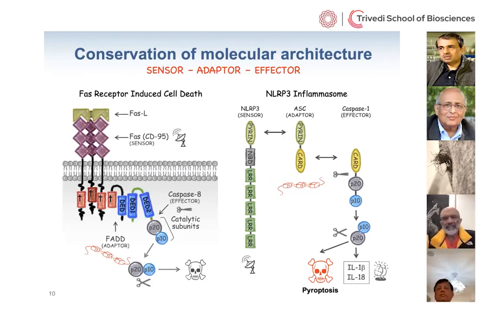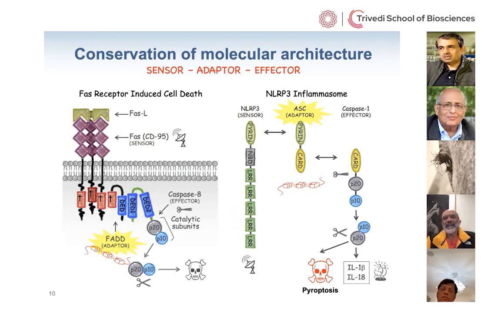So I'll just summarize this part by saying that these are molecular assemblies, whether you think of the death receptor signaling pathway or the inflammasomes. The architecture is much the same. They both have a sensor. The death receptor senses the ligand. The NLRP3 sensor senses membrane damage. They couple to an adapter that has a bipartite architecture: a death domain and a death effector domain for FADD, a pyrin domain and a CARD domain for ASC.